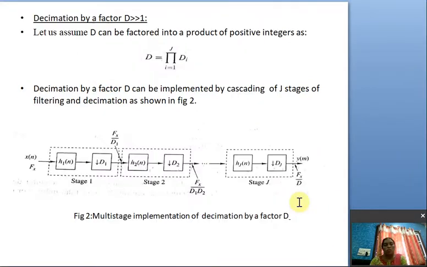Now decimation: here also multiple stages are there. Use the first stage, second stage and so on up to J stages of decimation block diagrams. The input and output rates are F_x and F_x by D, where D is the product of each decimator value.